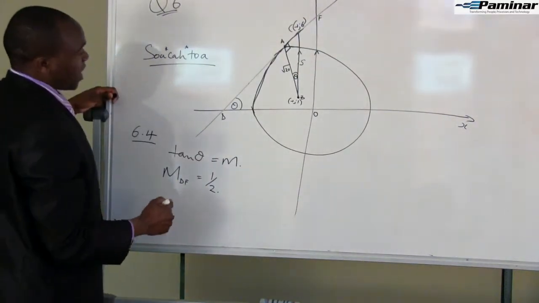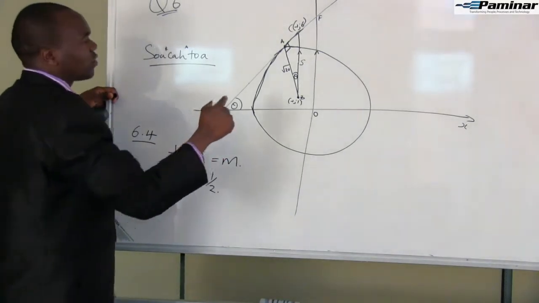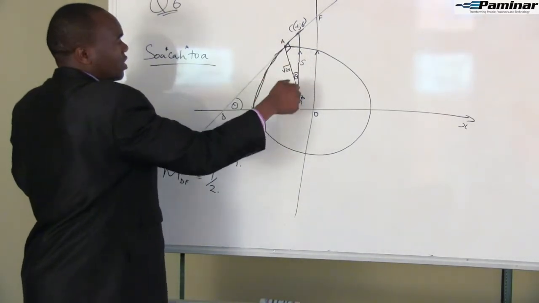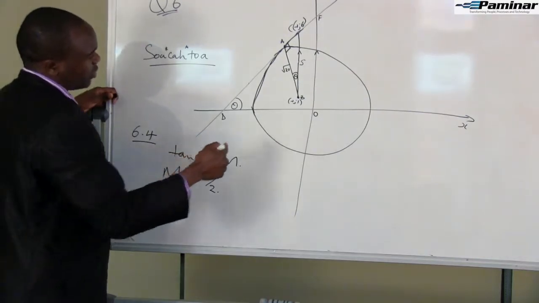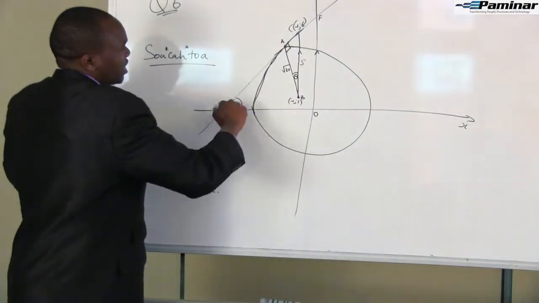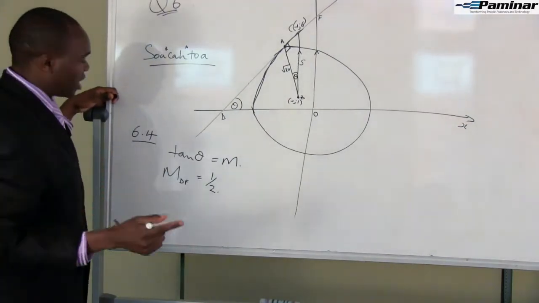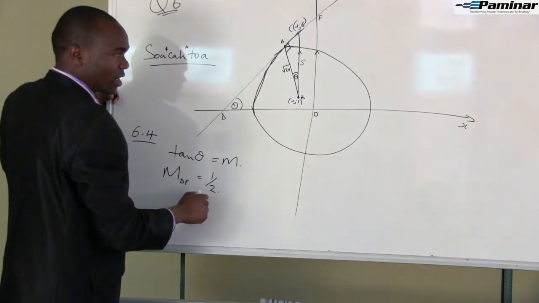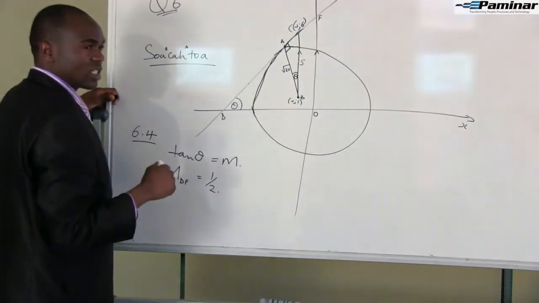So now, they say show that the gradient of AB is equal to minus 2. But what is the relationship between AB and DF or AC? They are perpendicular. So the gradient of this one is a half, because of these thetas, like what we calculated in 6.3.